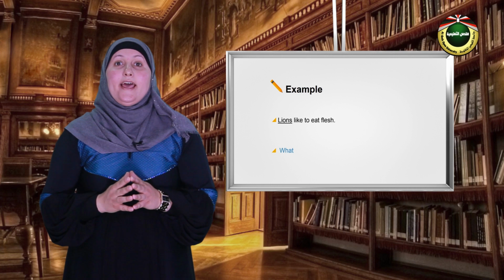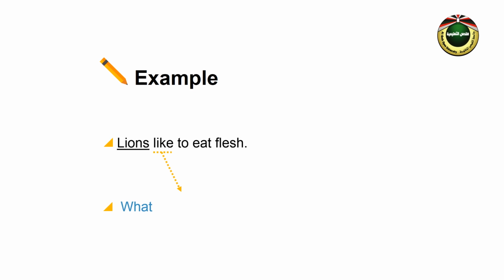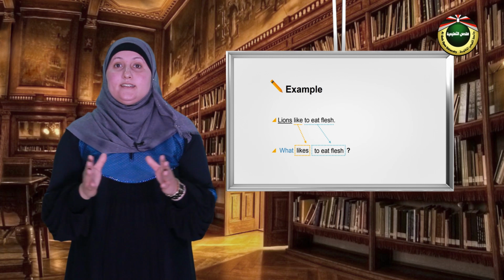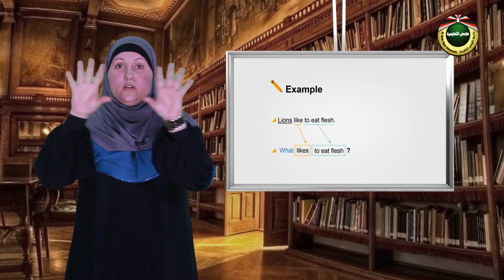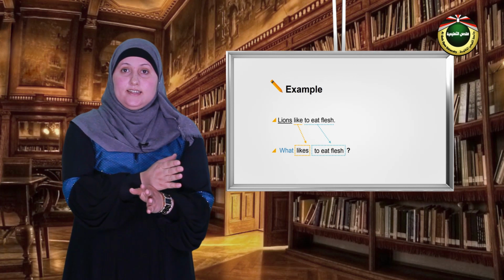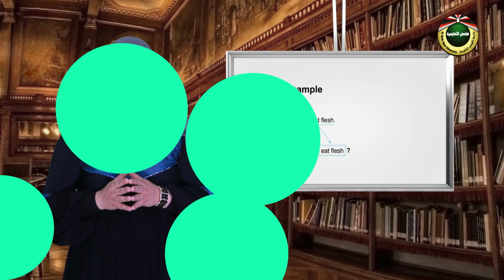So we have to add an S to the verb like. So the question is, what likes to eat flesh? Because we do not know the answer, whether it is singular or plural, so we put an S to the verb.